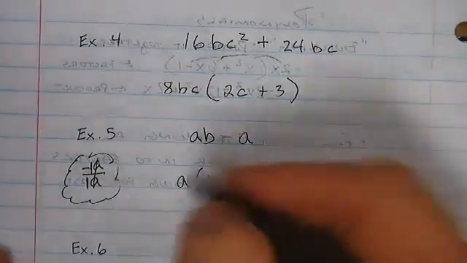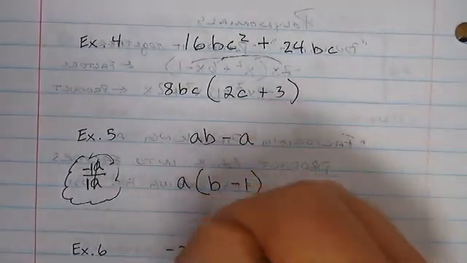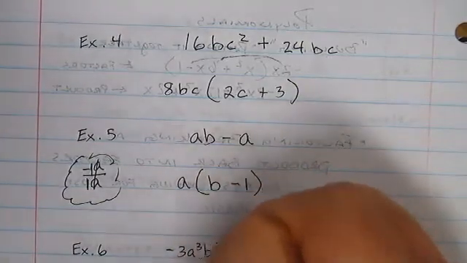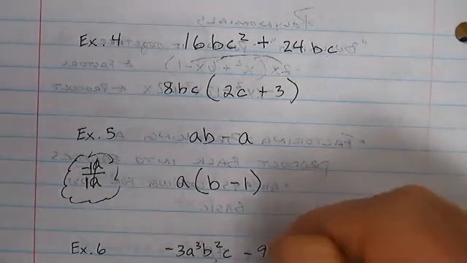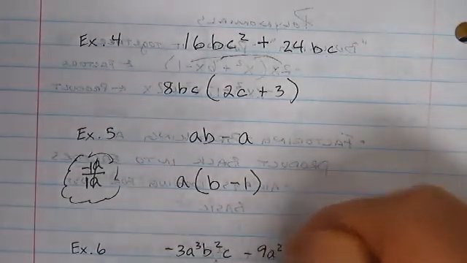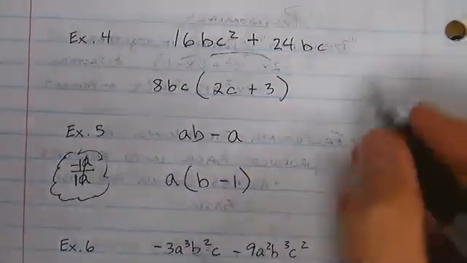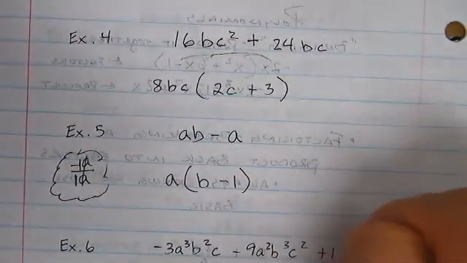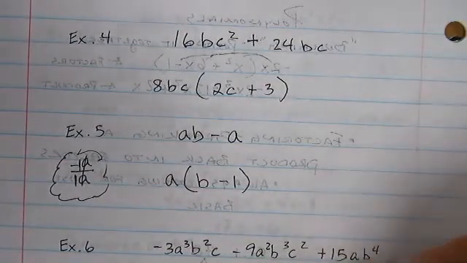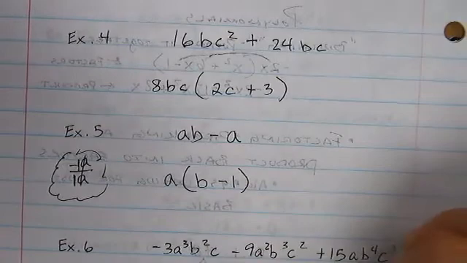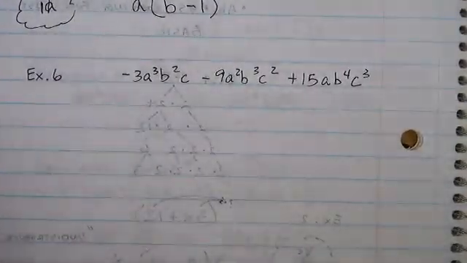And I'm going to have negative 3a to the third b squared c minus 9a squared b to the third c squared and plus 15a b to the fourth c to the third. Okay, so there we go. I'll give you a second to write that one down.